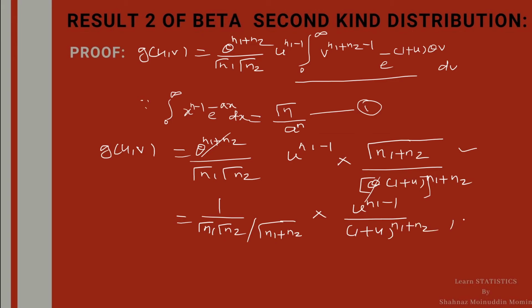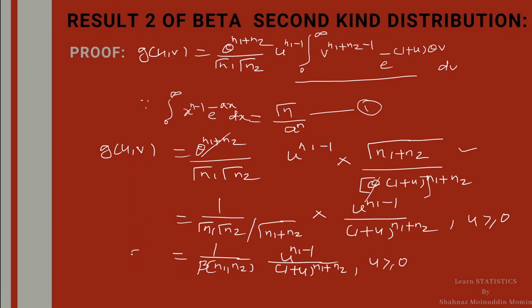We know that the range of u is positive, u greater than or equal to 0. This can be written as 1 upon beta(n1, n2), u raised to n1 minus 1 upon (1 plus u) raised to n1 plus n2, for u greater than or equal to 0.